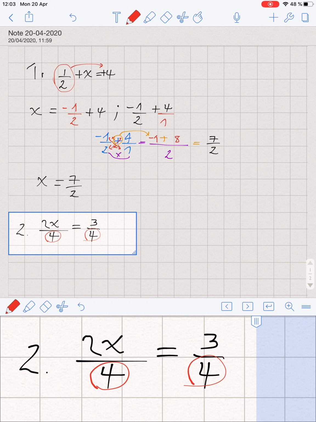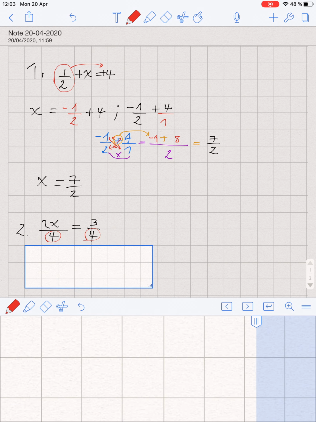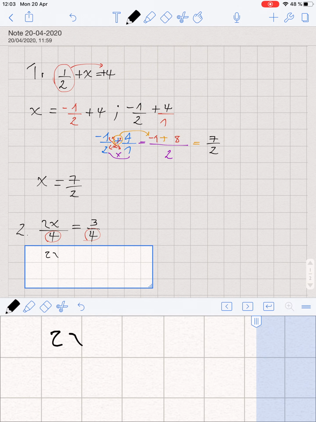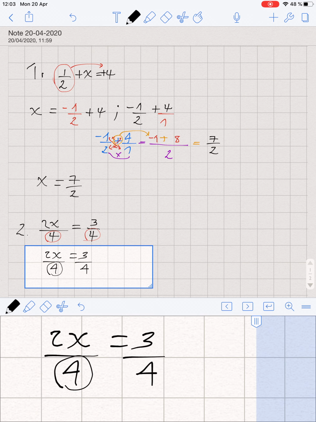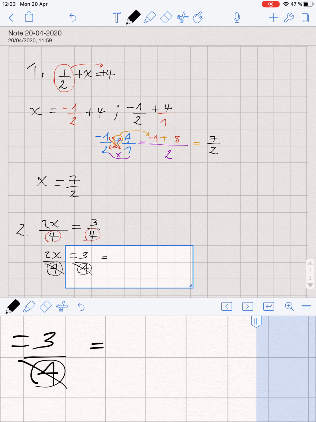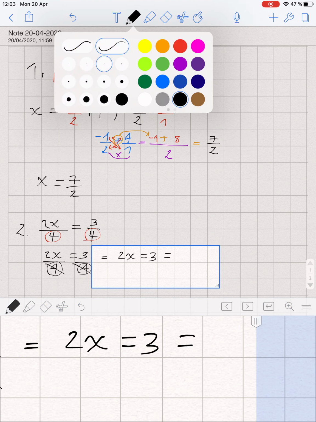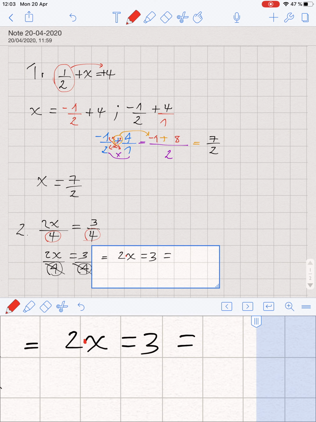When you have this condition, I'm going to write again 2x/4 equal 3/4. If you have the same denominator, we can cancel out the denominator. Therefore, we will have 2x equal 3, and then by applying the inverse operation to the 2, that is multiplying the x, it is now going to divide on the other side.